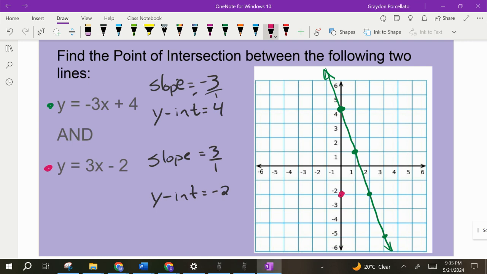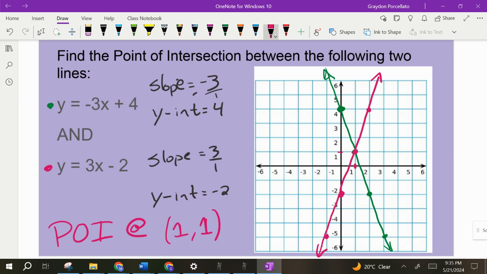And this one's up 3 over 1, up 3 over 1. And you see there we have a point of intersection. So here we have a pretty clear point of intersection. We say our POI is at, that coordinate is 1, 1. Okay?